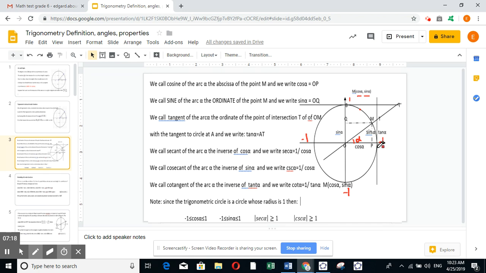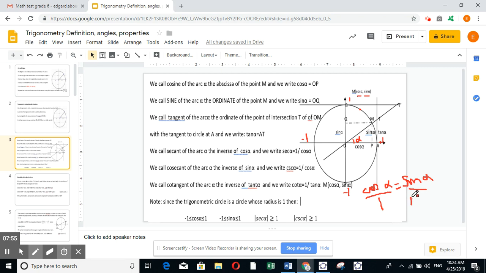Now, if you draw a tangent from the point A here, it will cut the line OM at the point T. If you take these two triangles, OPM and OAT, these two triangles are similar. So if you put the ratio of similarity, you're going to say OP, which is cosine alpha, over OA, we know that OA, on the trigonometric circle, which is a circle whose radius is 1, equals sine alpha over this measure AT.